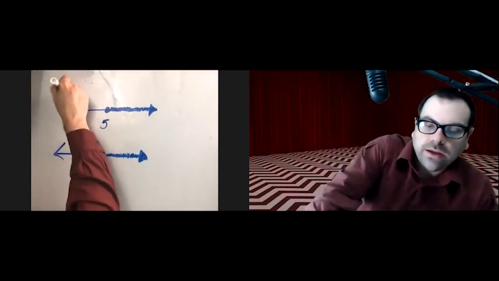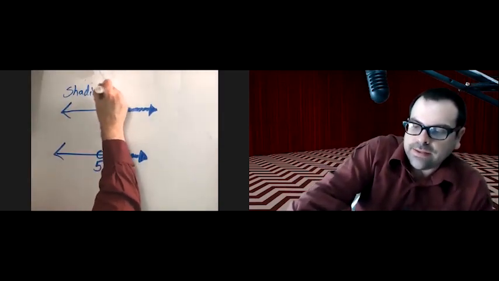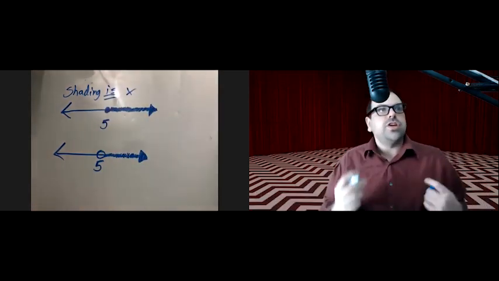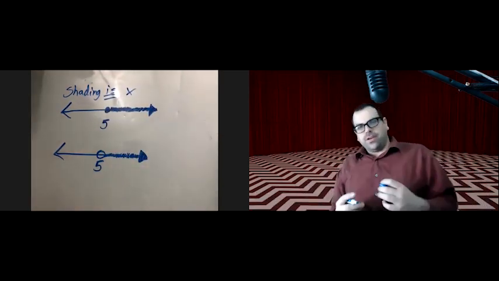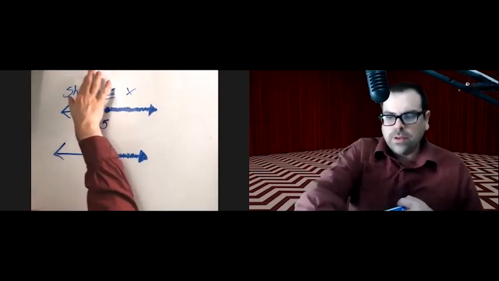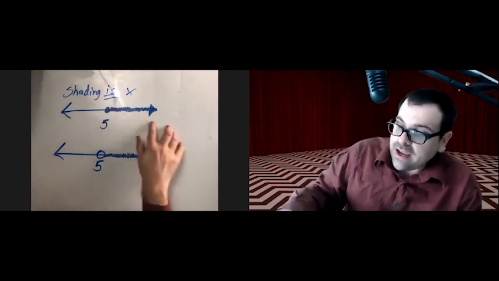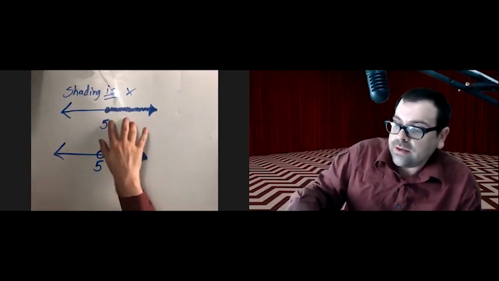The shading is X. The shading is your variable, okay? So if we're looking for X here, X is everything to the right of 5.